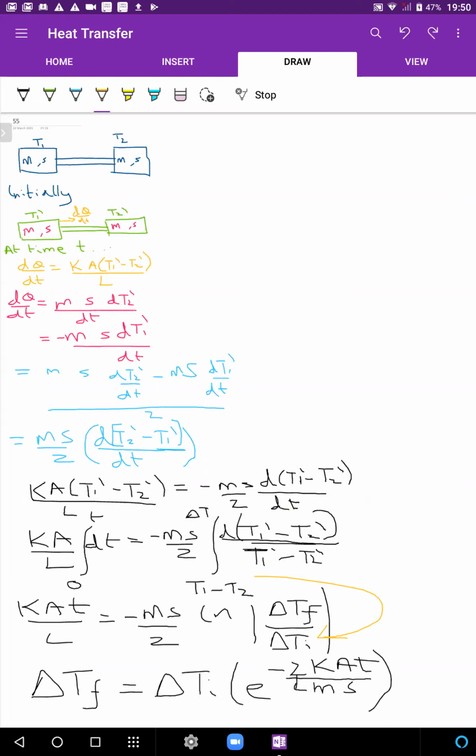So time को एक तरफ, temperature difference को दूसरी तरफ. One variable and that's a second variable. Okay, integrate किया दोनों तरफ, तो I got KT by L and minus MS ln final temperature difference upon initial temperature. So a question slightly on the tougher side, and just something I'm exposing you guys to.